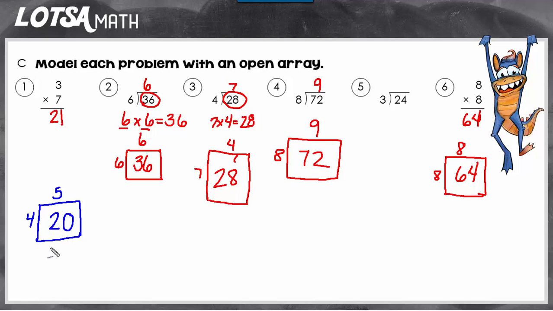You wouldn't know if I was modeling a multiplication problem or a division problem because they look exactly the same. So I could be modeling a multiplication problem, or I could be modeling a division problem. So if you're looking at an array, don't be confused on the division arrays. It's just a different way to think about a multiplication array.